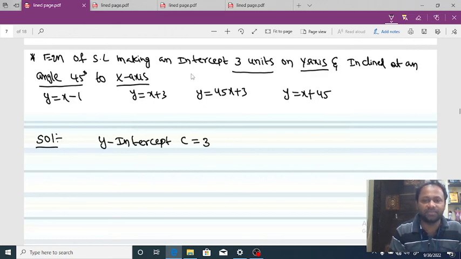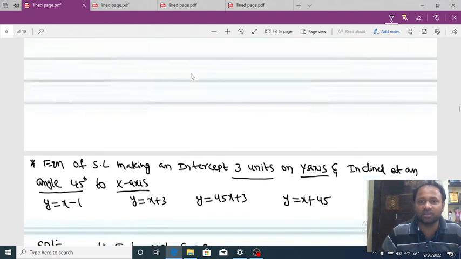The y-intercept is given. And inclination, as in the earlier starting class on slope, inclination is nothing but the angle. Theta is equal to how much? 45 degrees. That implies theta is equal to 45 degrees, so we can find the slope.